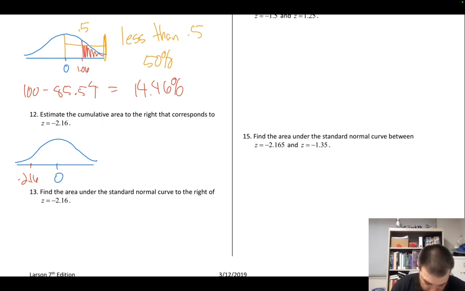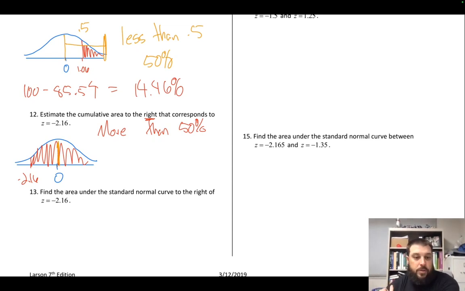See, I made a mistake. I did not read and shade. So I want area to the right. So we are more than 50, because we're crossing over our mean, which means we're getting more than 50% of our area.